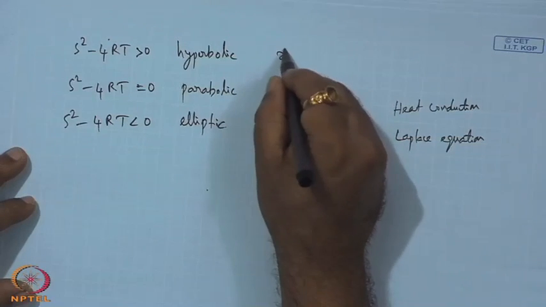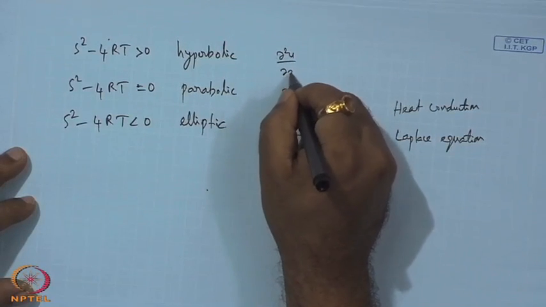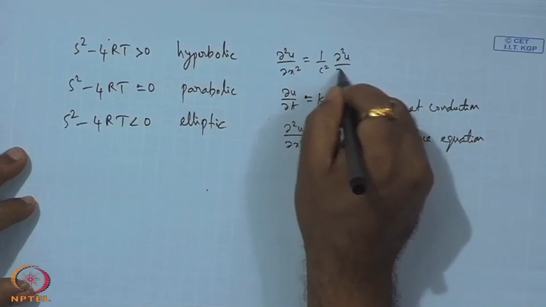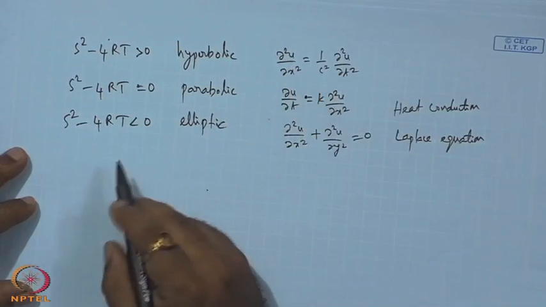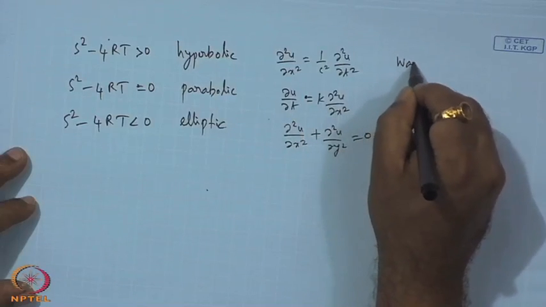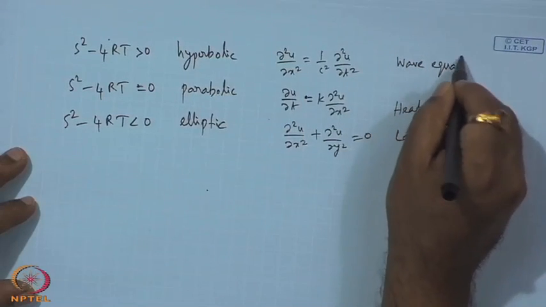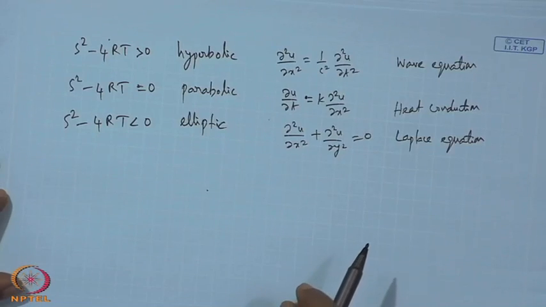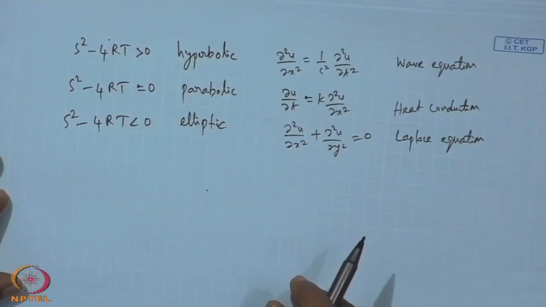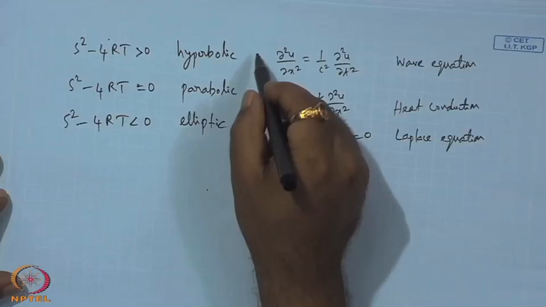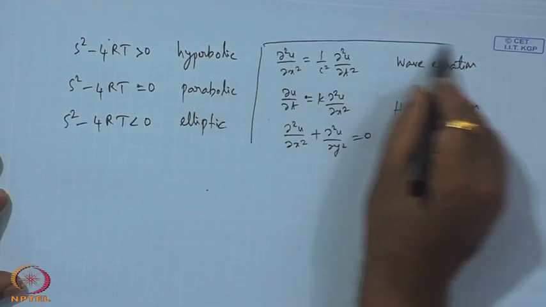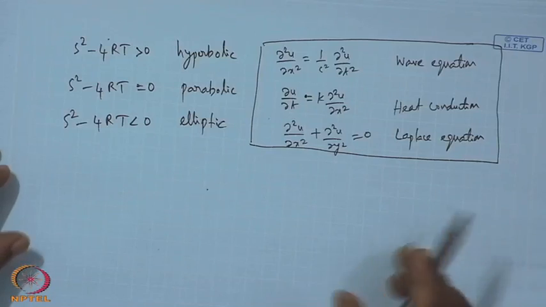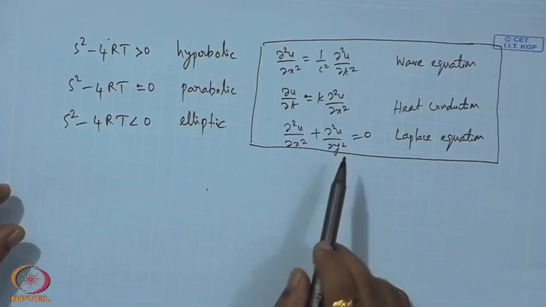This is parabolic, and this is one dimensional wave equation, which is hyperbolic. I am not giving the derivations of these equations, but these are most physically discussed examples with respect to second order PDE.